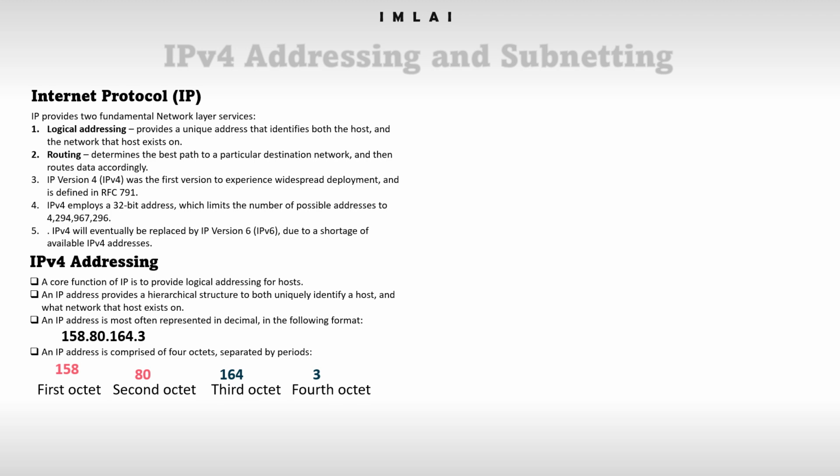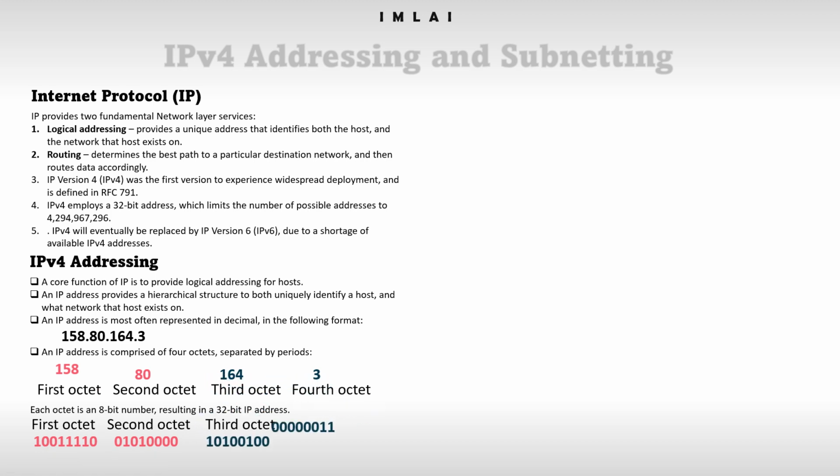Now let us convert this into binary, and we'll see how it looks. Each octet is an 8-bit number, resulting in a 32-bit IP address, which you can see. The first octet is 10011110 and the second octet is 01010000. That's how you can convert decimal into binary digits. And the third octet and then the fourth octet.